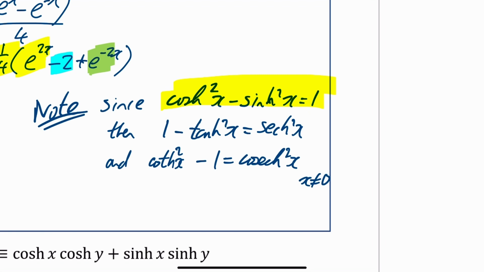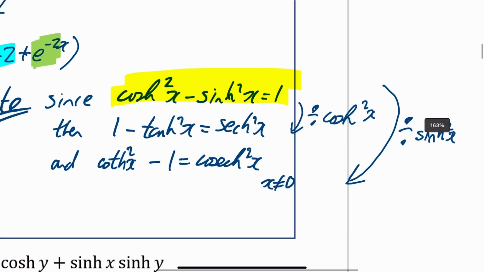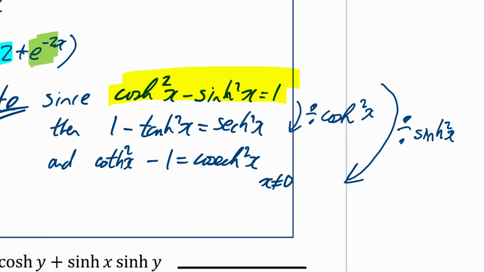So how we've got from here to here is we've divided through by hyperbolic cos squared, and how you've got from the first one to the last one is you divide it through by hyperbolic sine squared. So that's really what I would be doing, and then you can get those other two identities. So again, I would learn the first one, and then I would know how to get the second one and the third one.